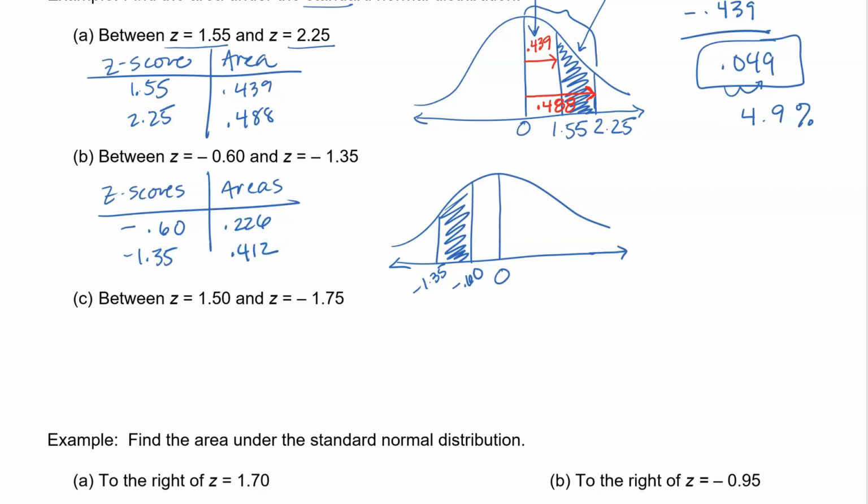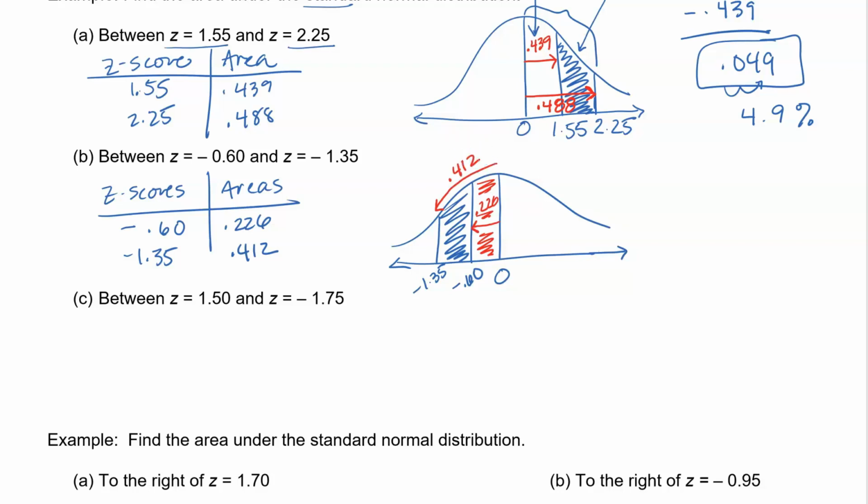I'm going to draw those on the picture. So starting from 0 going to negative 0.6 is going to be 0.226, so all of this is 0.226. And then starting from 0 going to negative 1.35, this whole region is 0.412.